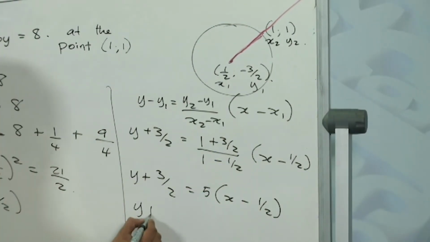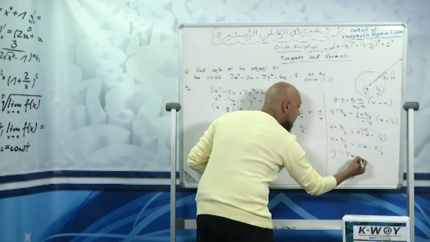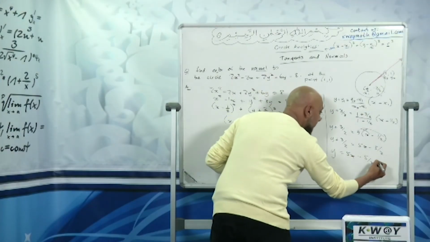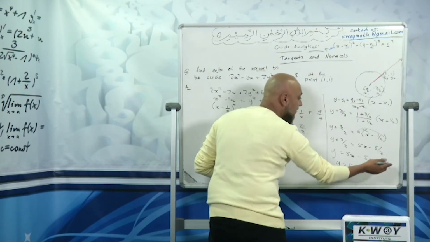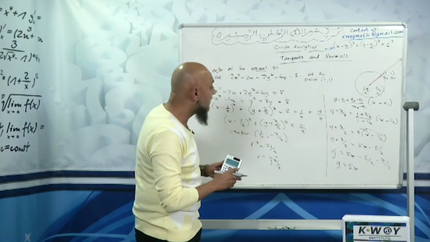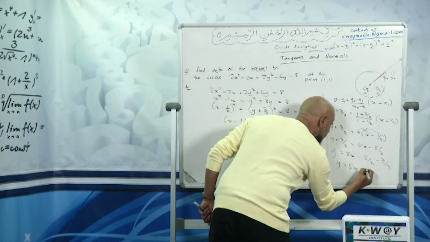So y plus 3 over 2 is equal to 5x minus 5 over 2. Multiply that out. So y is equal to 5x minus 5 over 2 minus 3 over 2, which gives me minus 8 over 2, and minus 8 over 2 is negative 4.